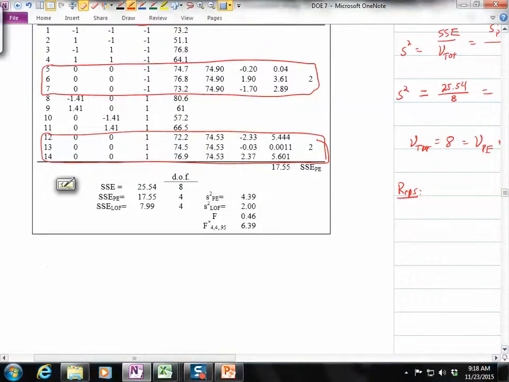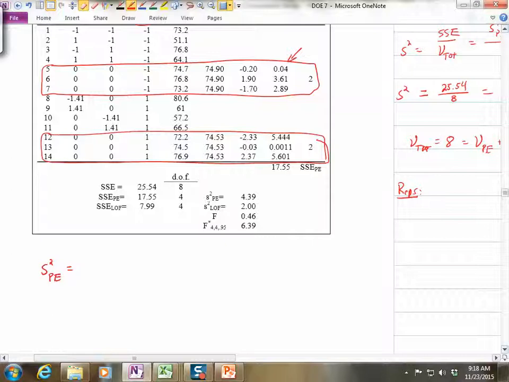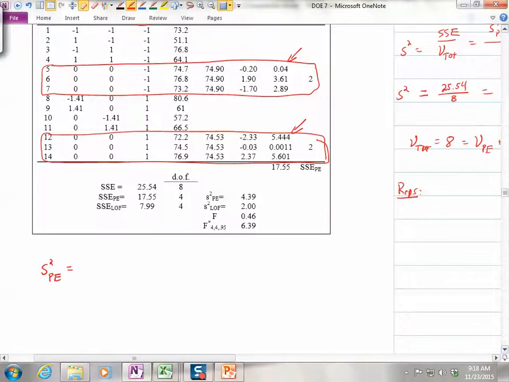So the first thing that I'd like to do is I could get what's the variance of those replicates. I'm going to keep them in separate blocks because if there's a block effect, I don't want that to mess this up. So even in this variance of the pure error, I'm going to get one estimate there and one estimate there, and I'm going to pool those together.